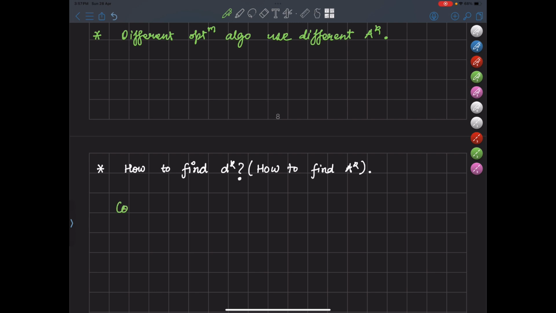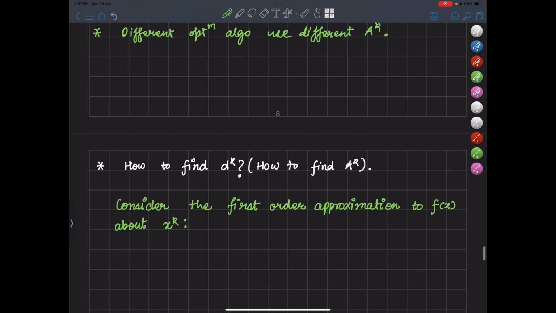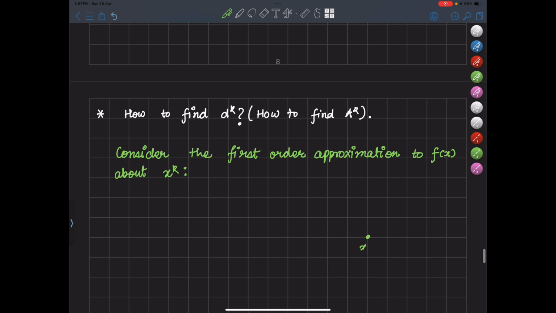So consider the first order approximation to f(x) about xk. So this is xk, and let's say this is the contour map. We take the first order approximation of f(x) around xk.